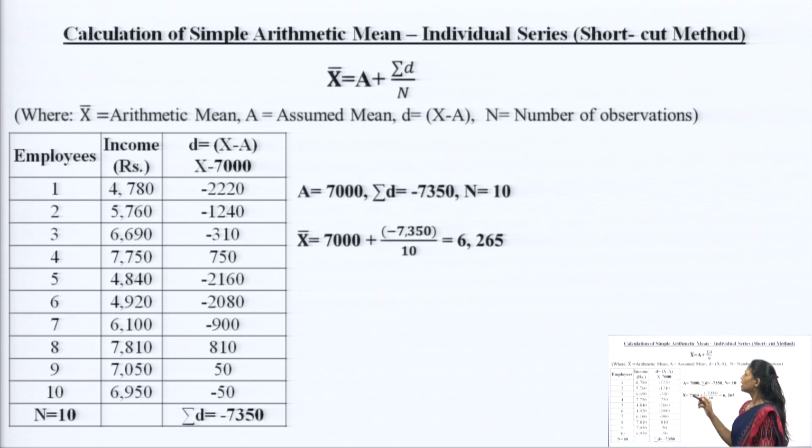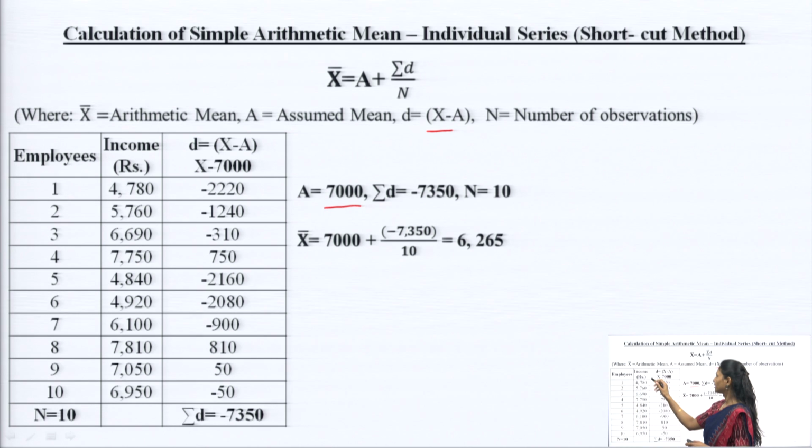We will presume that one of the incomes could be the mean. You can take any. For example, I have taken 7,000 as a. Now, d is equal to x minus a. X is your income, and a is the assumed mean, which I have taken as 7,000. So, if I subtract 7,000 from my x, I will get my small d.